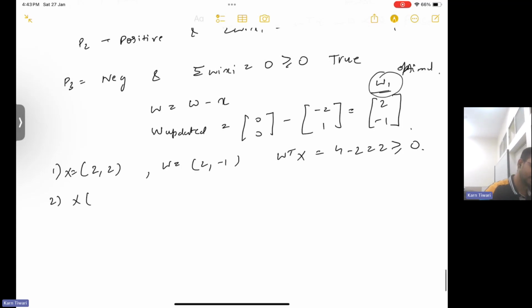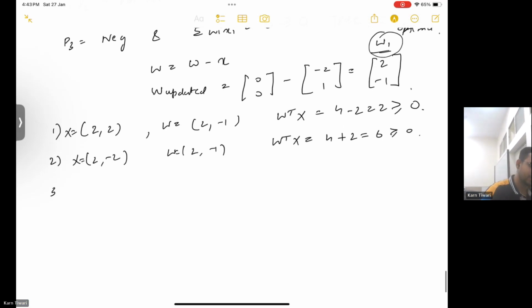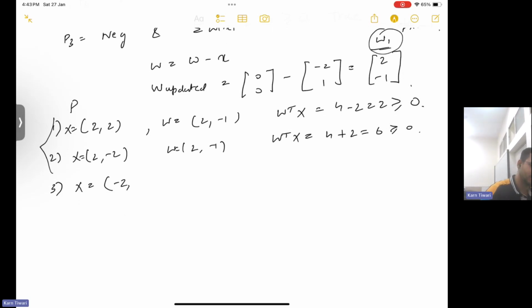Second case, X equal to 2 comma minus 2, and our weight is 2 comma minus 1. W transpose X in this case is 4 plus 2 equal to 6, so this weight satisfies it. Both were positive points. Third point, X is minus 2 comma 1, and the weight is again 2 comma minus 1.